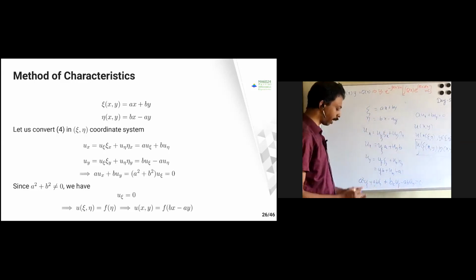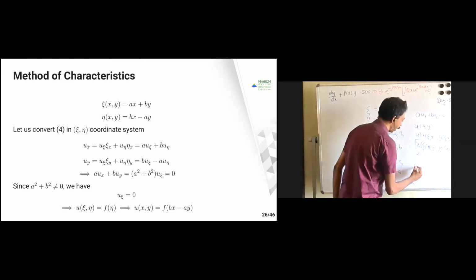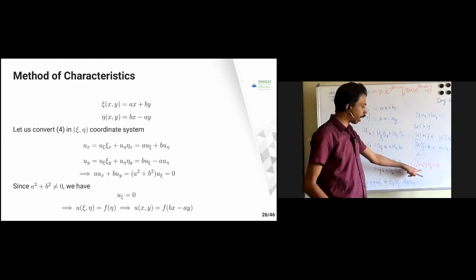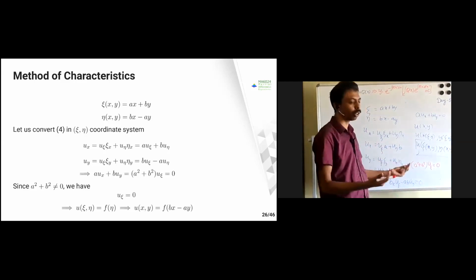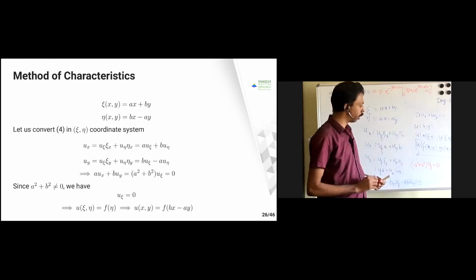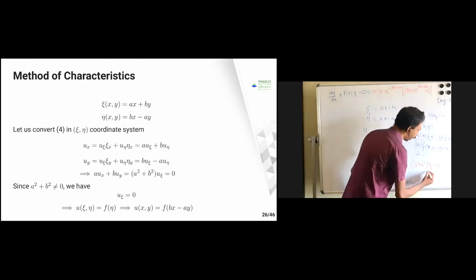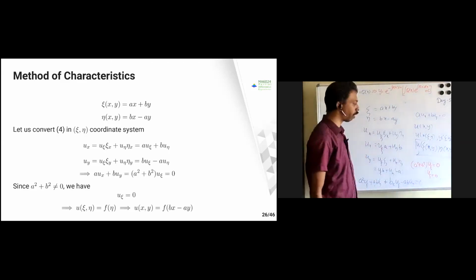So what I got is that a square plus b square into u_chi equal to 0. We already assume that a square plus b square is not equal to 0. If a square plus b square equals 0, it is not going to give me any PDE. So we assume a square plus b square not equal to 0. That means u_chi equal to 0.